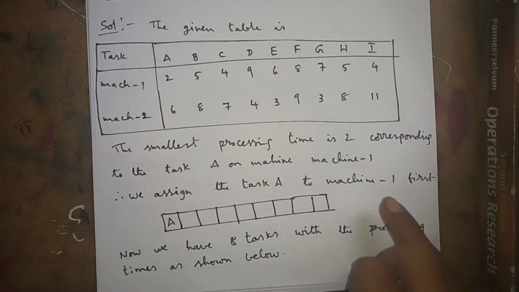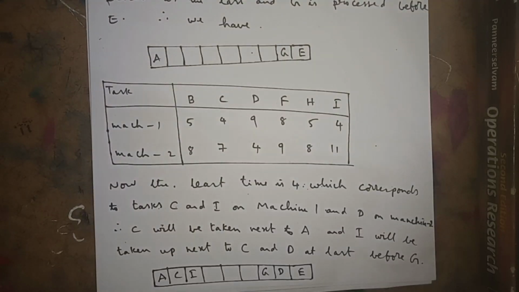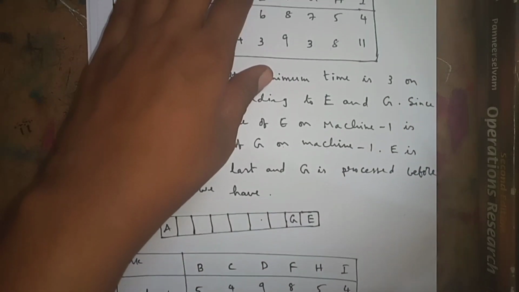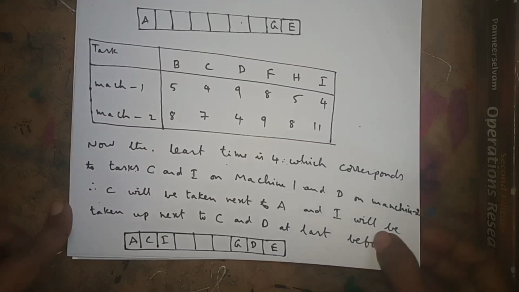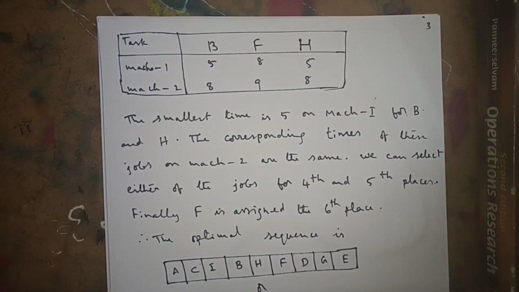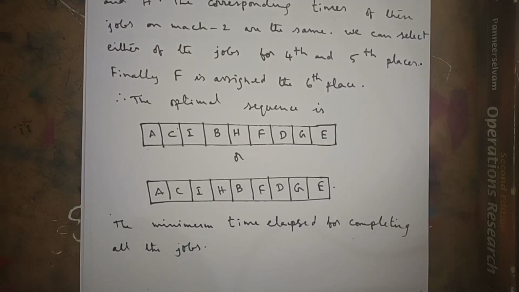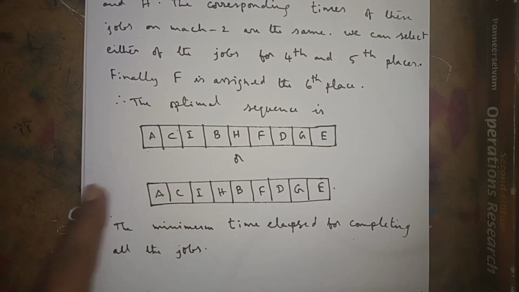First go through this one, and then I will explain on some other paper. Like this, you will get the sequence like this. Now I will explain the very short shortcut method.